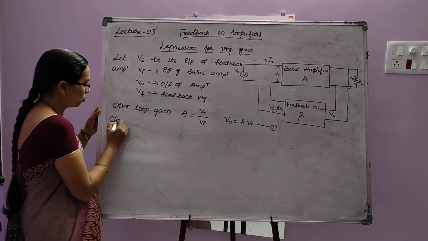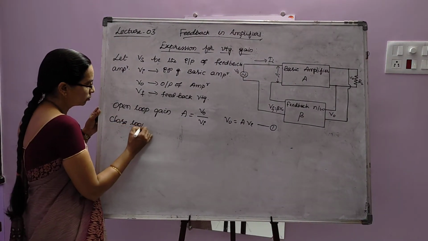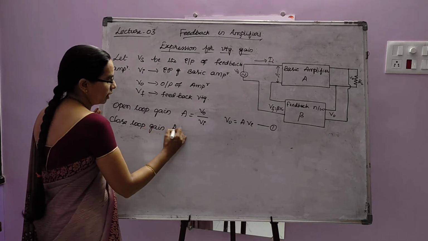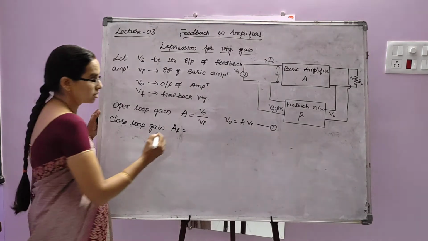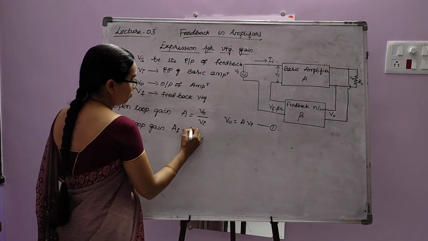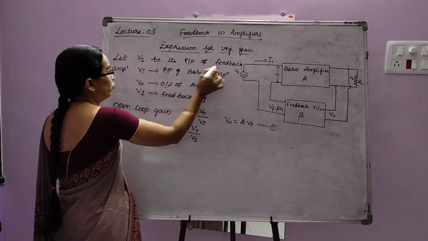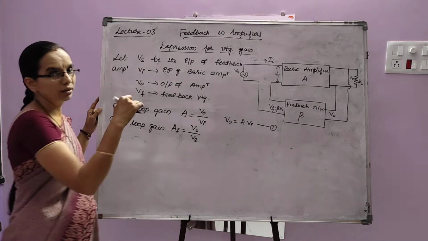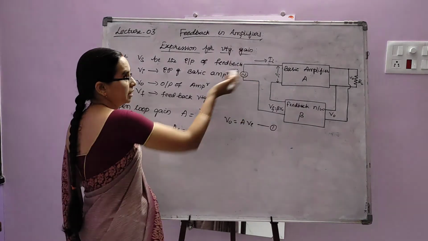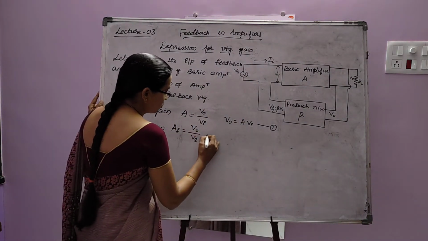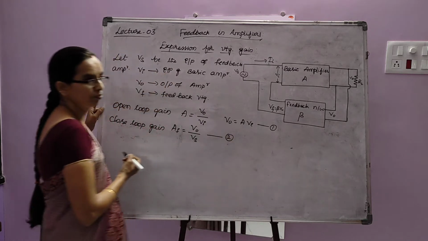Then the closed loop gain, that is Af, represented by A suffix f, is equal to V0 by Vs, where Vs is the input of the feedback amplifier, the total input after applying the feedback. Call this equation number 2.